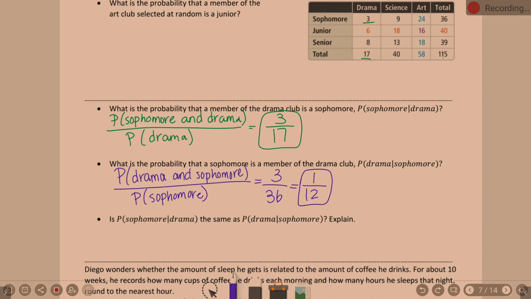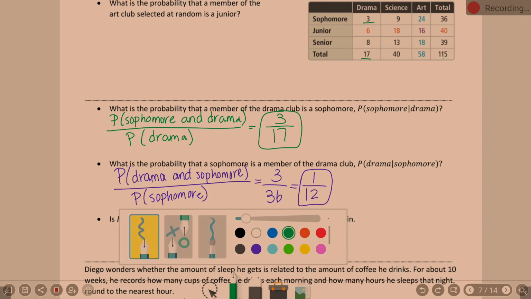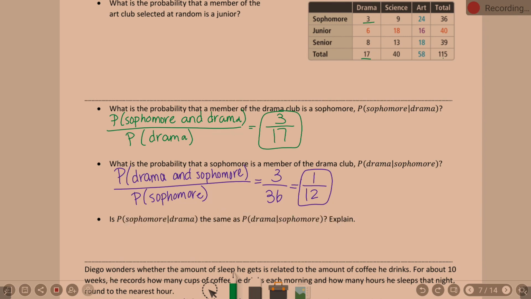The first one was comparing the 3 students who are sophomores and in drama club to how many students are in drama club. The second one compares it to how many students are sophomores, right? So in both cases it's the 3, but it's what it compares it to. Obviously, the answer is no.